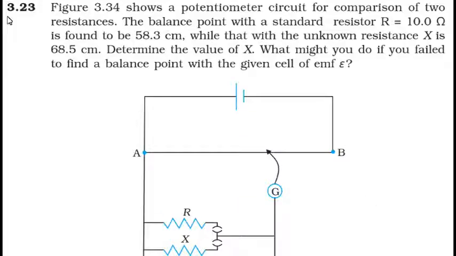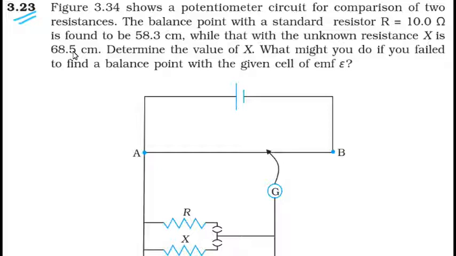Now let us see the next question, that is 3.23. Figure 3.34 shows the potentiometer circuit for comparison of two resistors. The balance point with a standard resistance R equal to 10 ohm is found to be 58.3 centimeter, while that with the unknown resistance X is 68.5 centimeter.